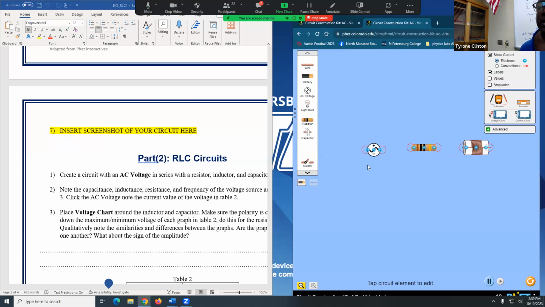If you open up some circuitry at your house, I know, like when I open up some of my battery operated components, like some clippers that I use, they have that coil in there, so it can store that magnetic charge. And let's see what else we wanted. We want a capacitor, and the capacitor is here. And so we want all of these to be in series with one another.